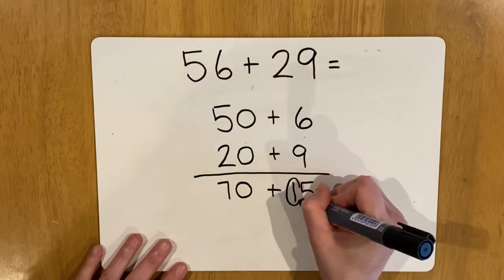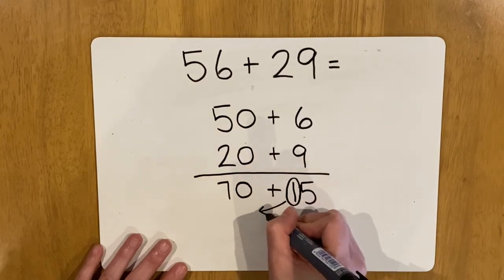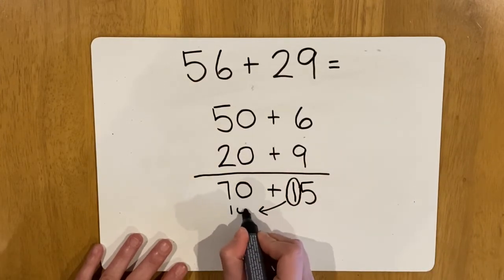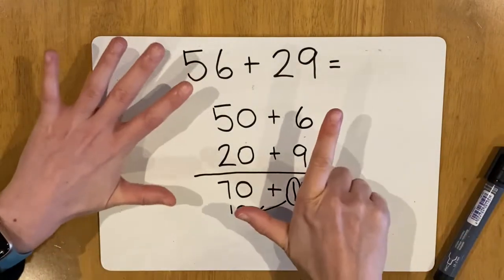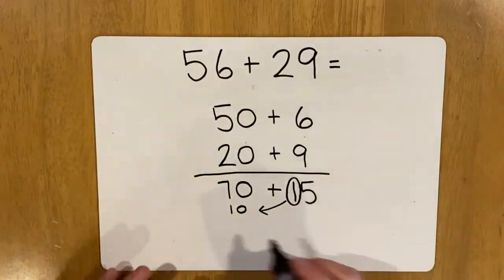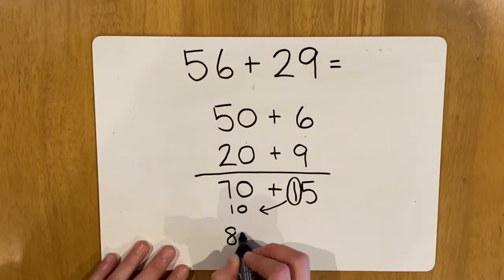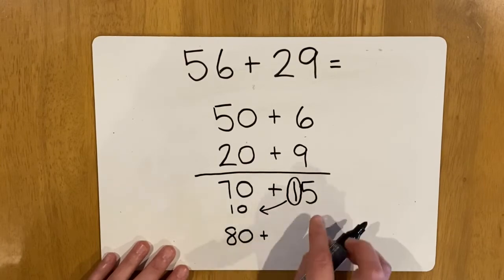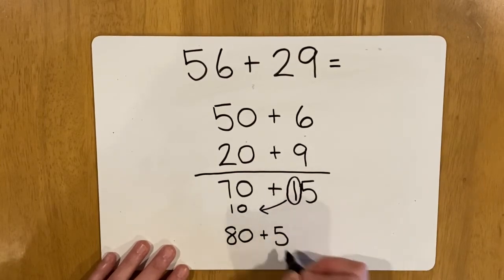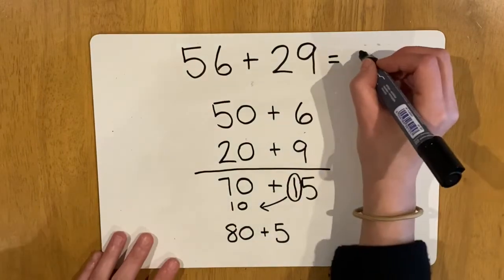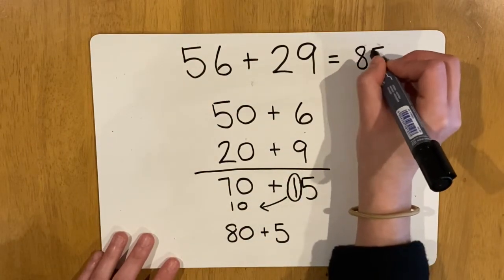This 10 doesn't belong, so we're going to kick them out, put them over there. So 70 plus 10. 7 tens plus 1 ten is 8 tens. So it's 80 plus 5. So our answer is 85.